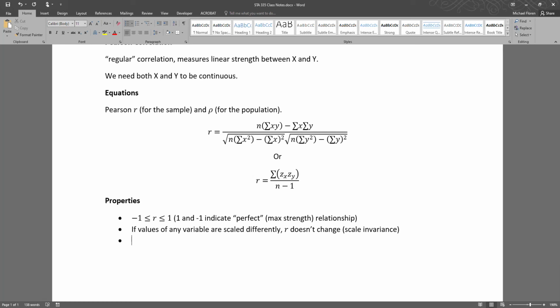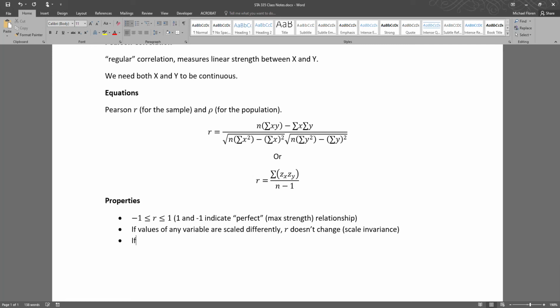What that means is, let's say you did a correlation between height and weight in metric units and I did them in imperial units. Our correlations between height and weight should be exactly the same, except for rounding error when we switch back and forth between those different scales. So this is a very, very handy property of the correlation coefficient.